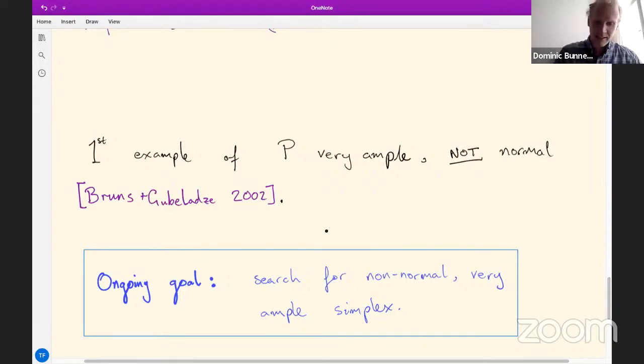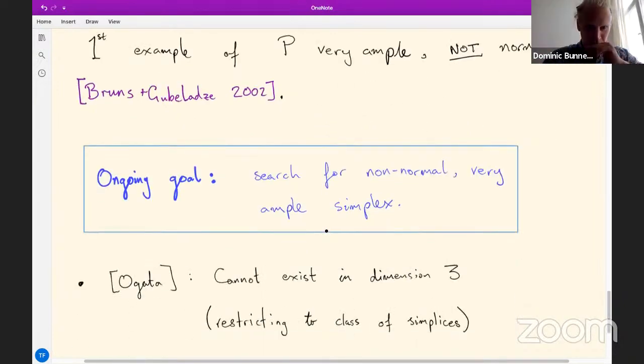However, this algorithm won't produce a simplex for you. It never does. It hasn't so far, and so there is still an ongoing search for a non-normal but very ample simplex. We don't know if this exists yet.